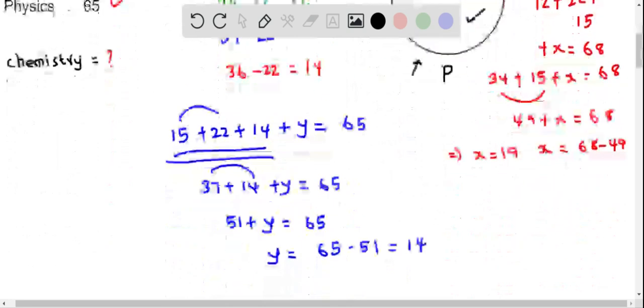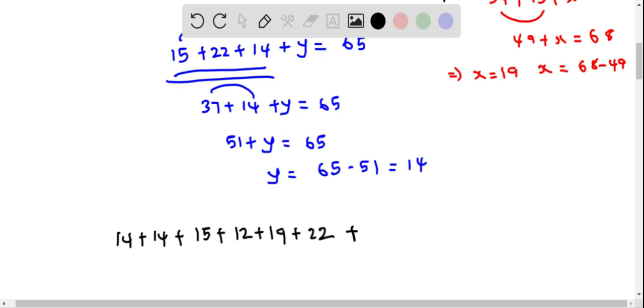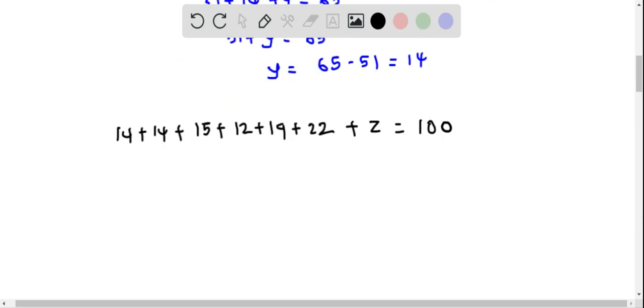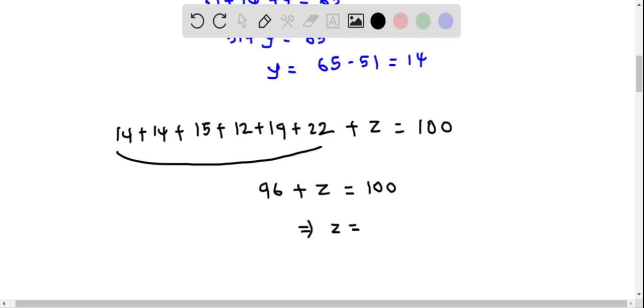That's the final number, plus the z, and this equals 100. So using this, we can determine z. When we add all these numbers, we get 96. And this 96 plus z equals 100, which gives us z equals 100 minus 96, which is 4.